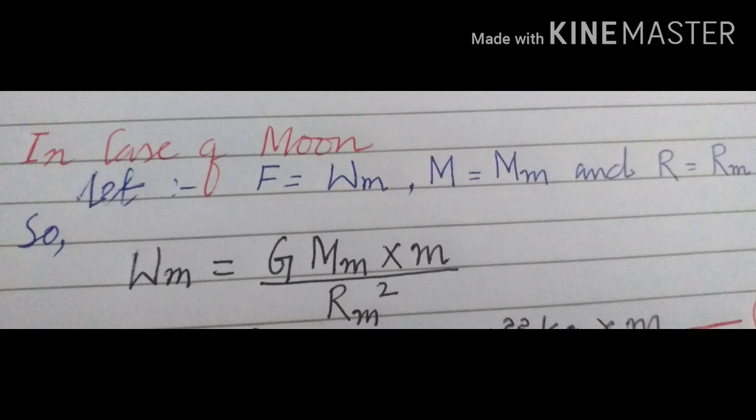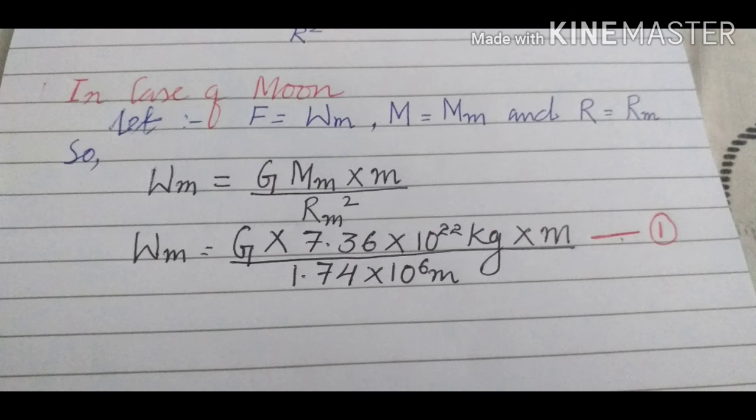Now, M means the mass of the moon. We have to put the value for the mass of the moon from the table, which is 7.36 into 10 to the power 22 kg. Clear? Into small m, that is the mass of the object. We have not been given the mass of the object, so keep it as it is, divided by Rm square.